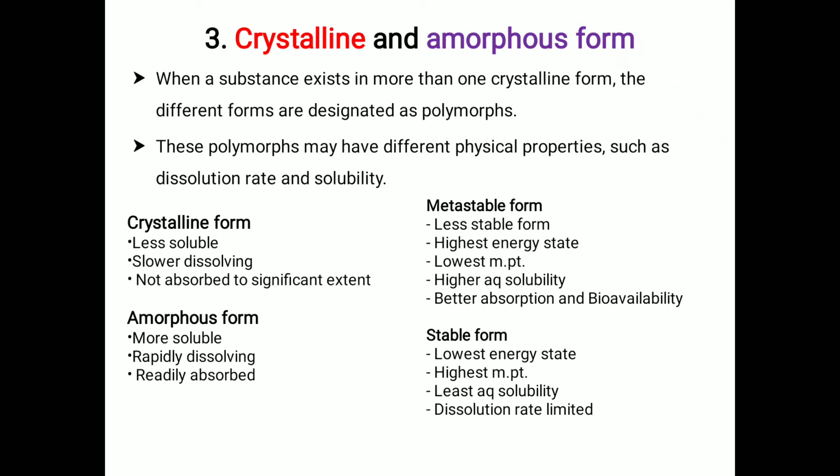And thus the order for dissolution of different solid forms of drugs is, first, amorphous, which has the highest order of dissolution, then the metastable form, and then the stable form. Depending upon this behavior, the suitable form of that particular drug is preferred in the formulation, so that there will be no problem in the absorption or dissolution of the drug.